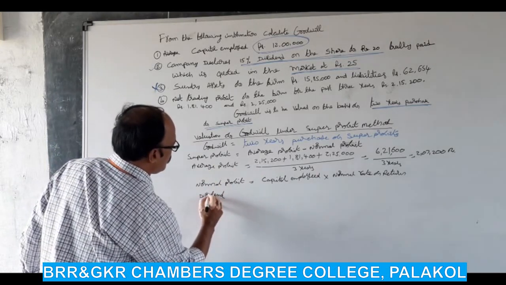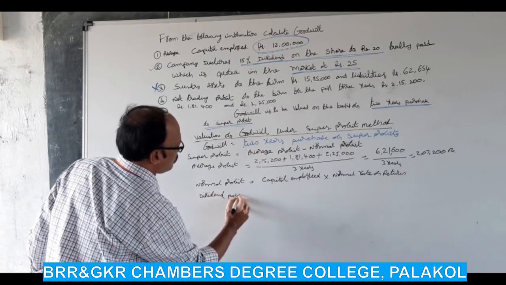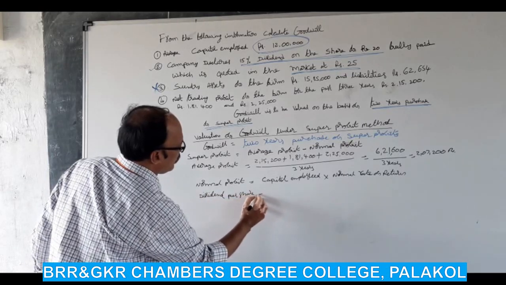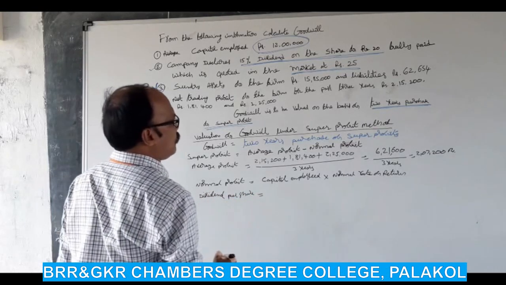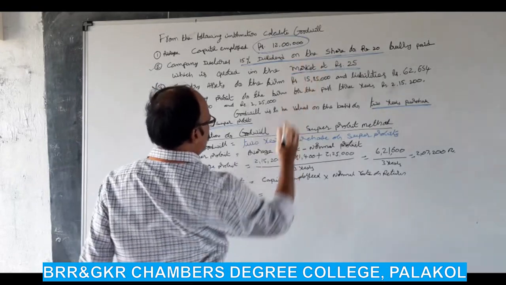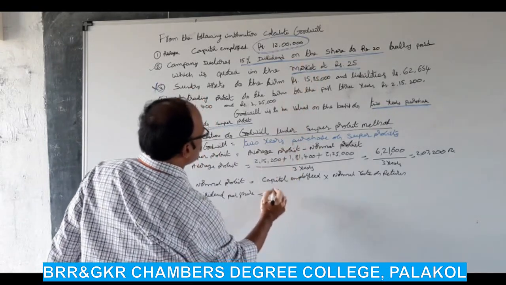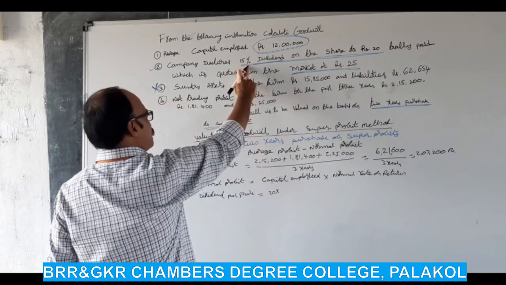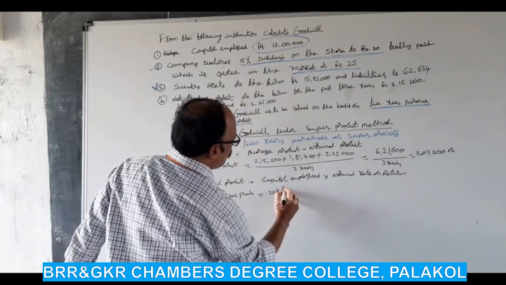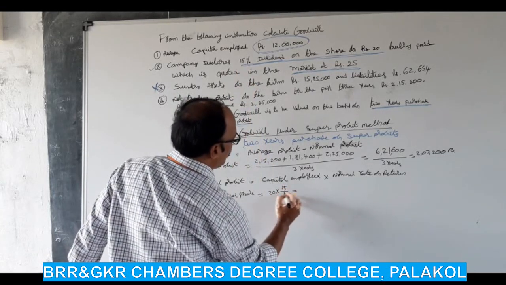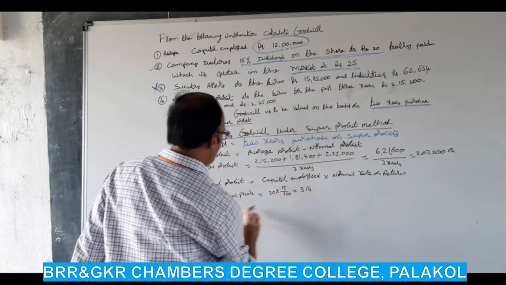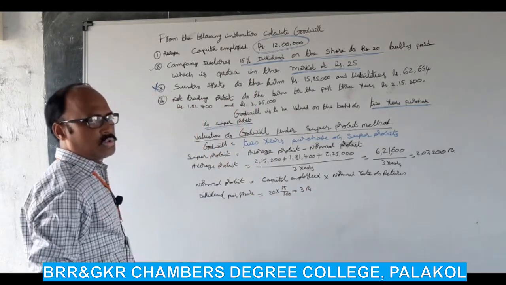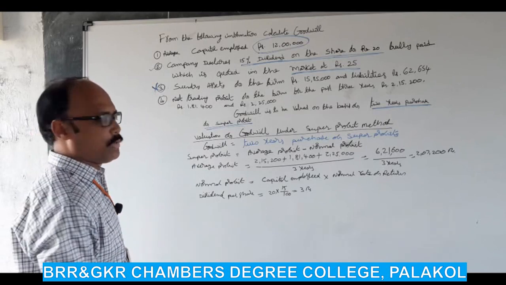dividend per share. Dividend per share is equal to 15% on 20 rupees, that is 20 into 15 by 100, which is 3 rupees.